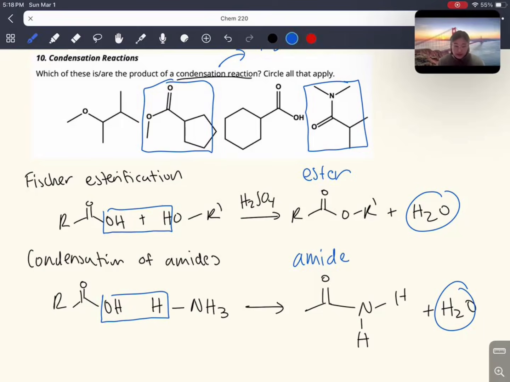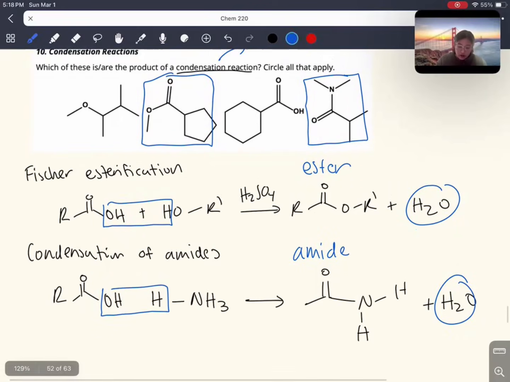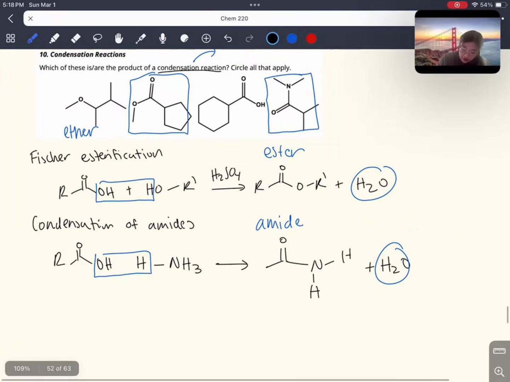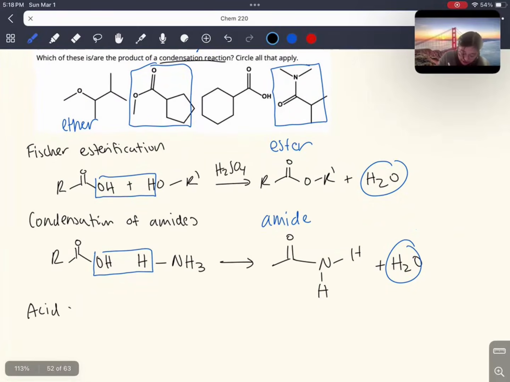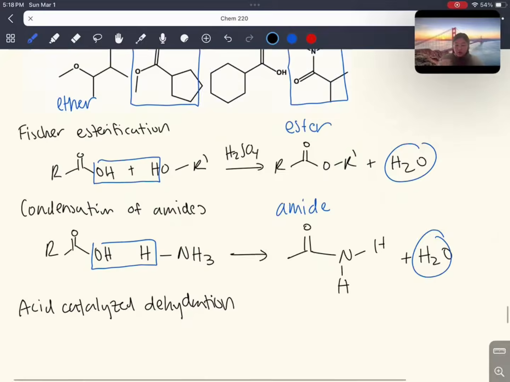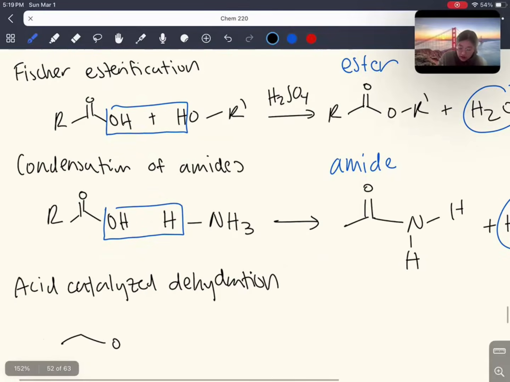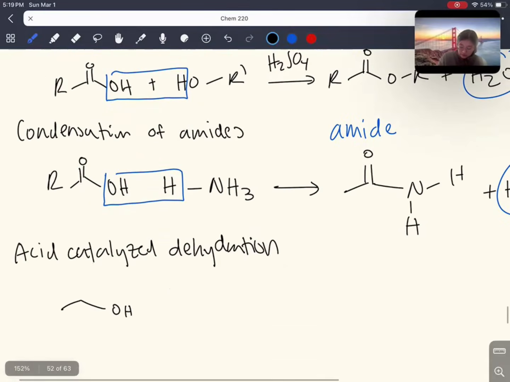So now I'm going to look at the other two. The other one is an ether. Do we know of any mechanisms that can form an ether that are condensation reactions? Yes, we do. Another reaction that you learned was acid catalyzed dehydration. The way this works is, let's say you have an alcohol of some sort, and then you add an acid, like H3O plus.